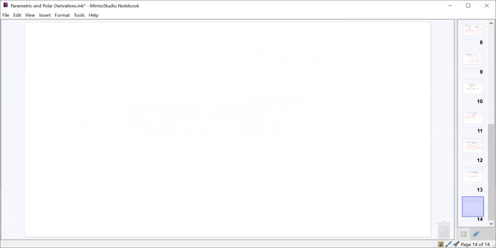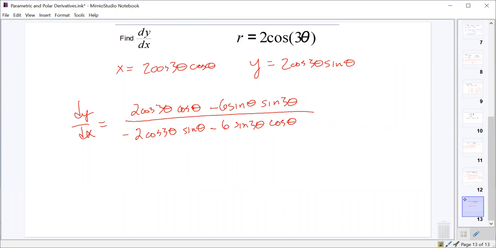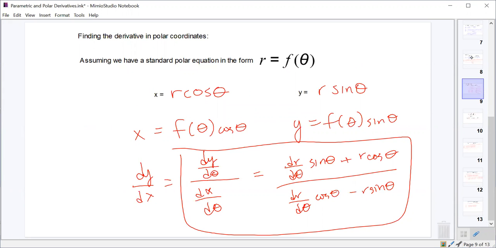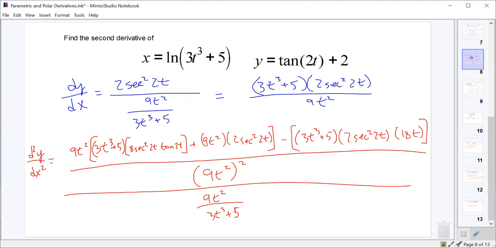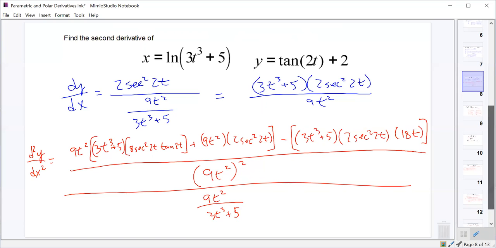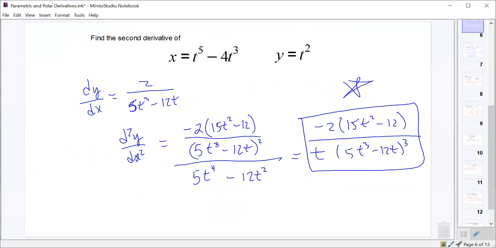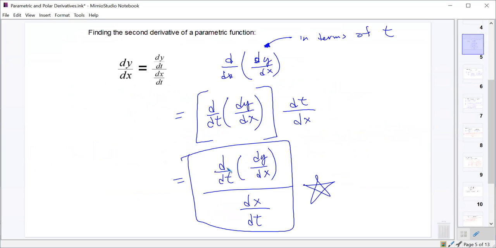Can we actually go back to the last parametric that we did? Last parametric, yeah. This one? Yeah, sorry, where is the 9/2 squared over 3t cubed plus 5 coming from? This is the divided by dx dt. Oh, right. Remember our second derivative is the derivative of our first derivative with respect to t divided by dx dt.